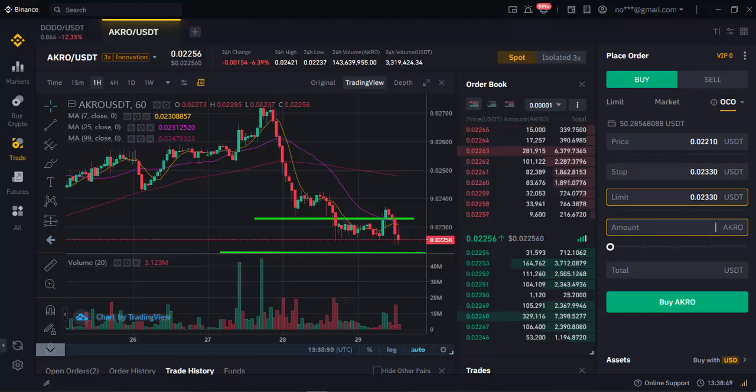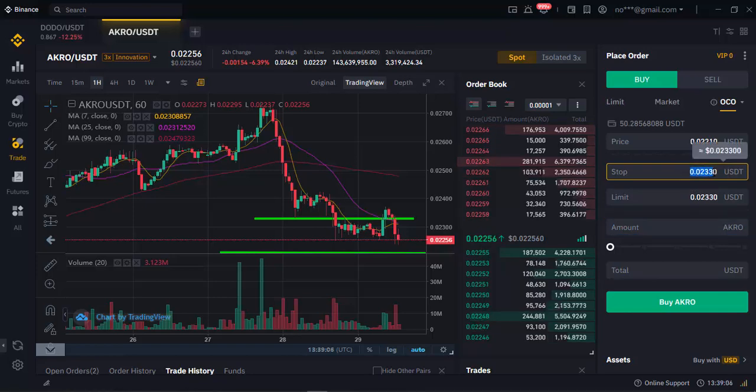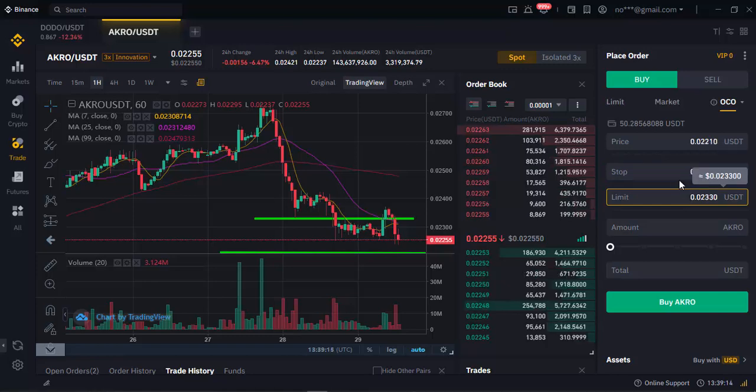So when we were explaining the stop limit, we said that when you are buying, it is necessary, or as a suggestion, that the stop price is going to be a little bit lower than the limit price.